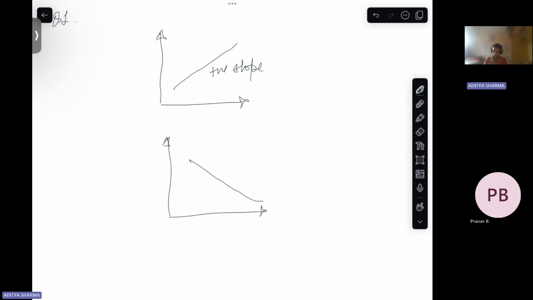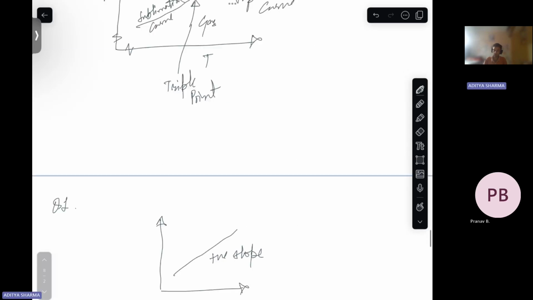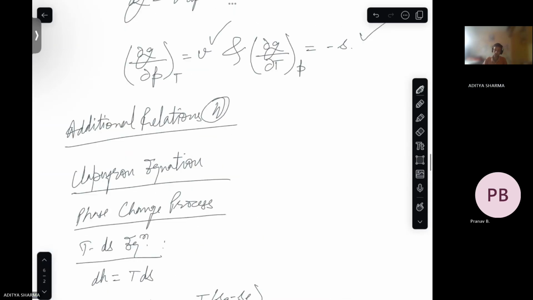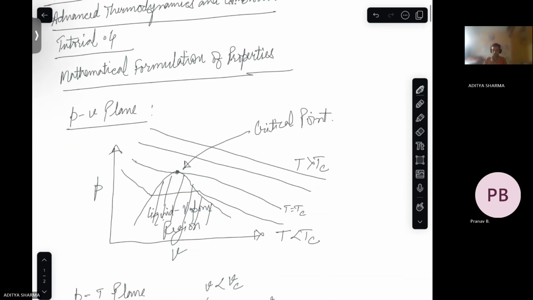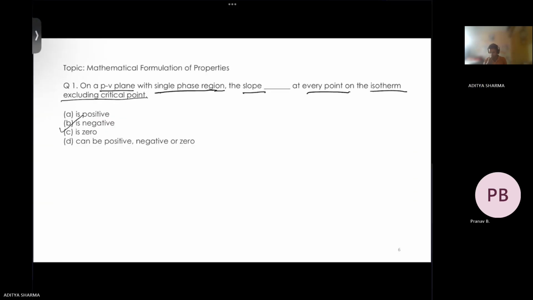If you have a line like this, it's a negative slope. Slope is basically tan. So if you see this particular diagram, in this case, for the single phase regions, the slope is negative, right? So the answer to this will be negative only.